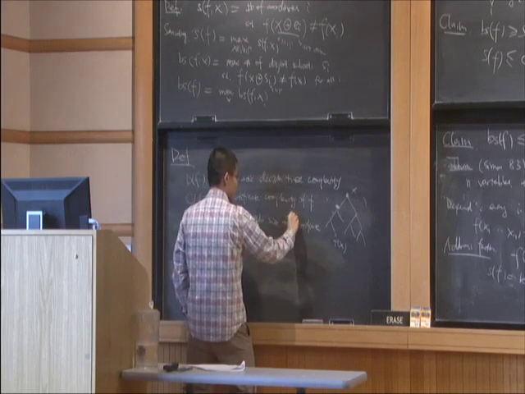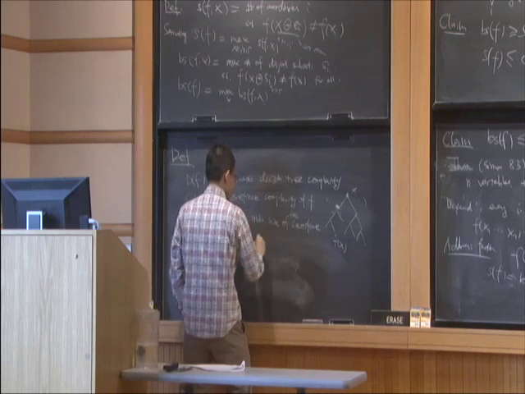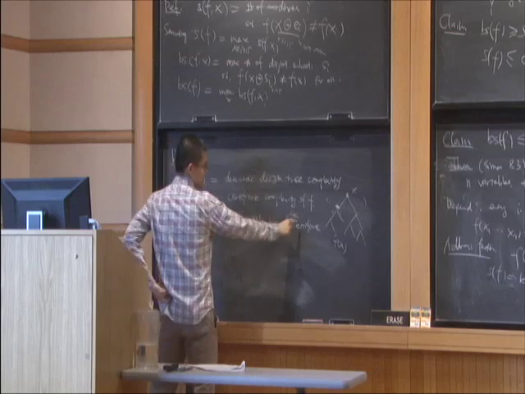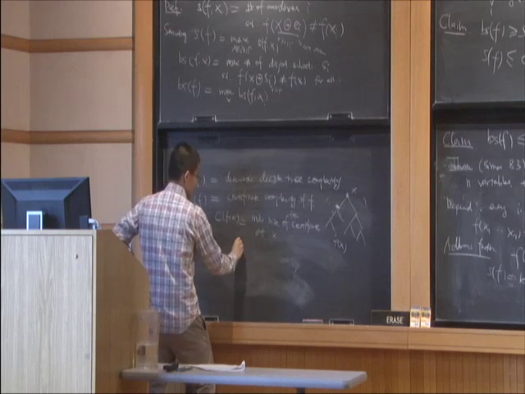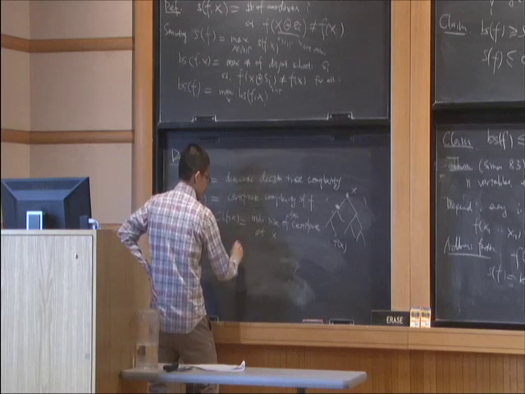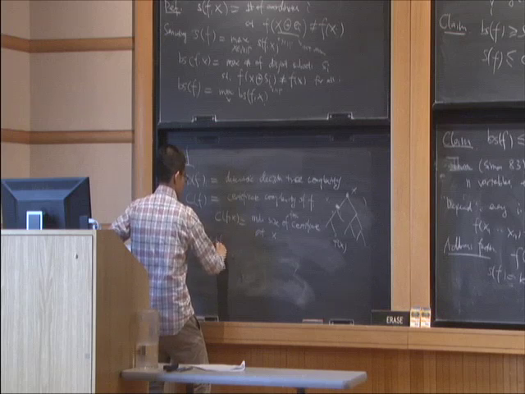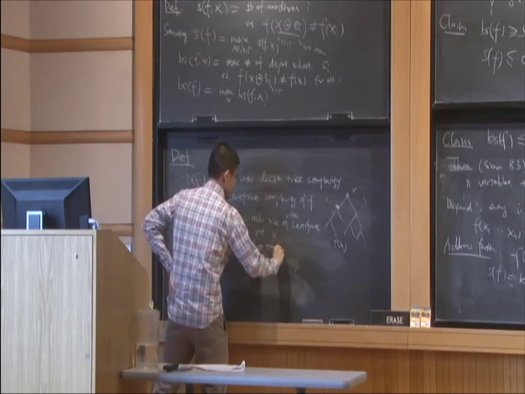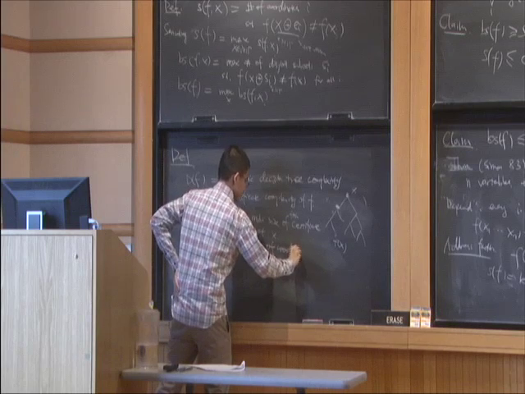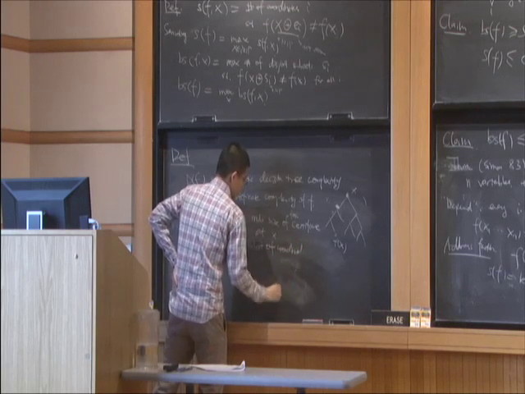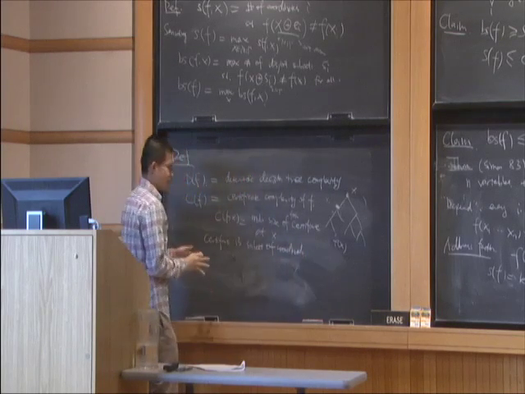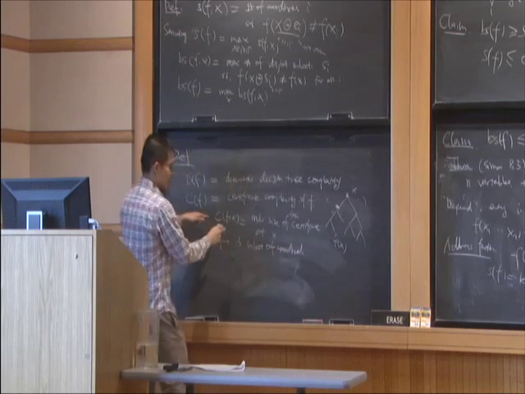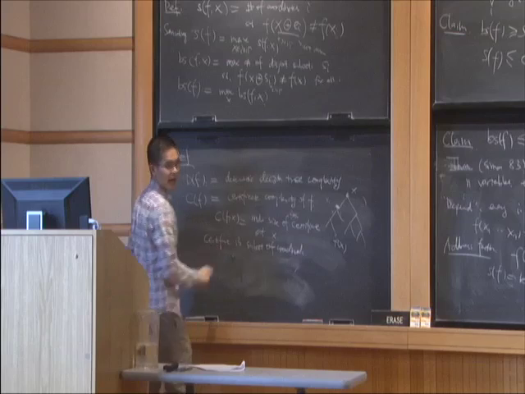I can call it an f of s certificate at the point s. For example, if it's a one certificate, then it means it's a subset of... So a certificate is a subset of coordinates such that you assign the values to these variables, and then this uniquely tells you the value of f.